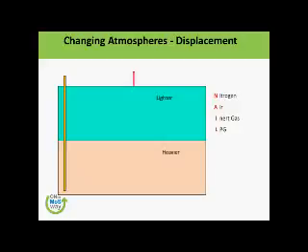Nitrogen is lighter than everything else, so you will always find the nitrogen on the top. Then if we have air, it will be the second densest. Inert gas is denser or heavier, and of course LPGs. LPGs are the combination of all gases.